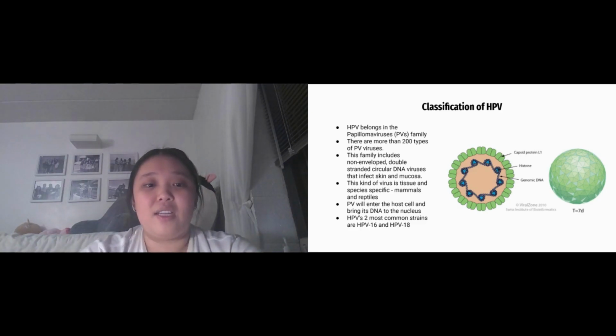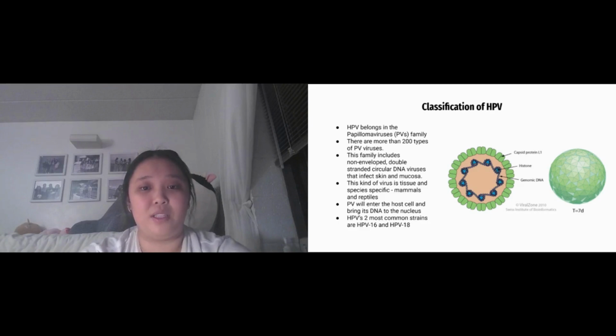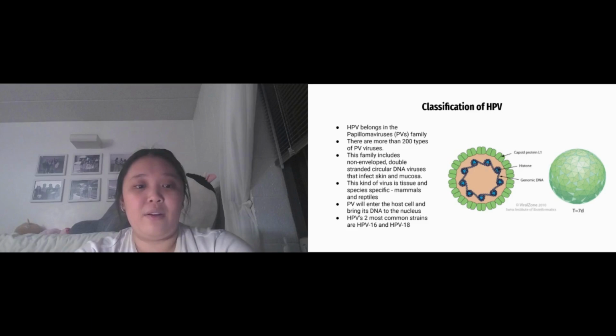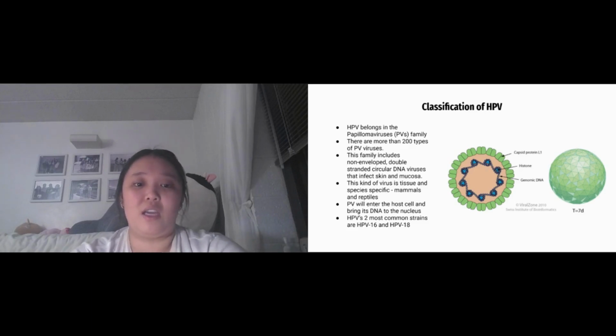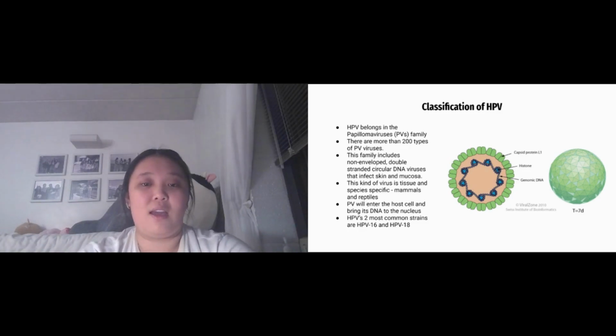This kind of virus is tissue species specific, so really only mammals and reptiles can develop this virus. The human papillomavirus will enter the host cell and bring its DNA to the nucleus, and the two most common HPV strains are HPV 16 and HPV 18.